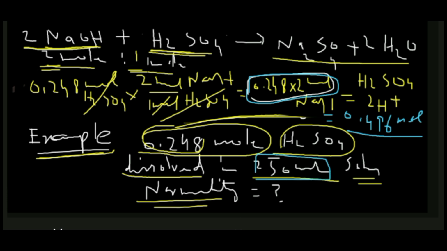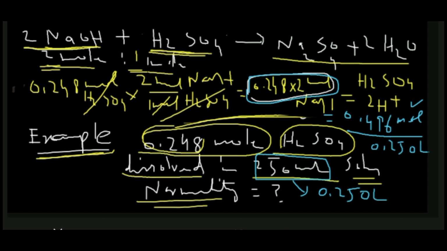So here we have 250 ml. Now we can say that 250 ml is equal to 0.250 liter. So we will divide 0.496 by 0.250 liter.